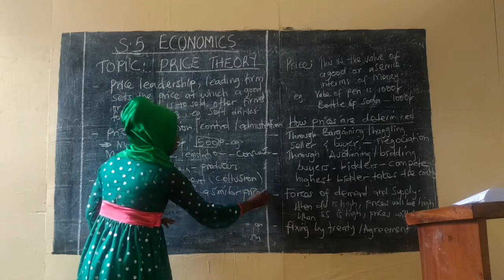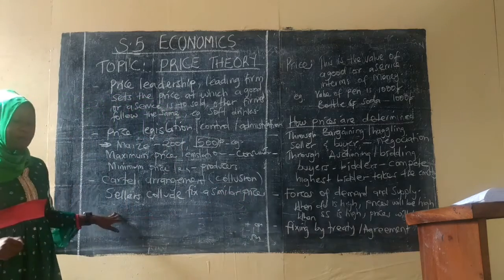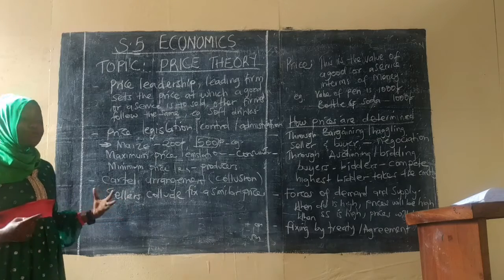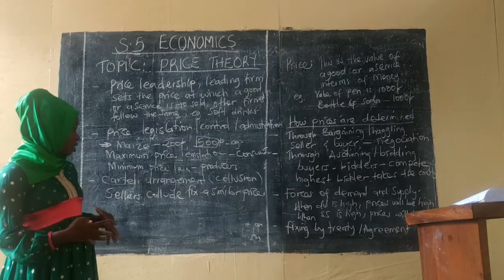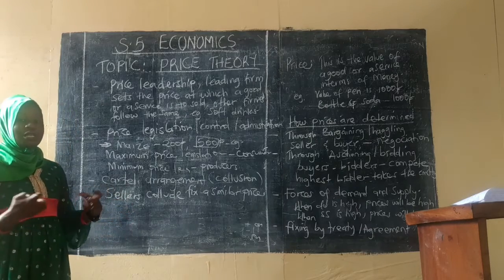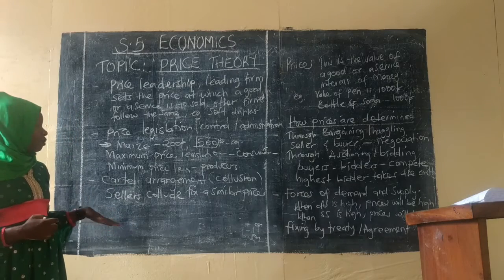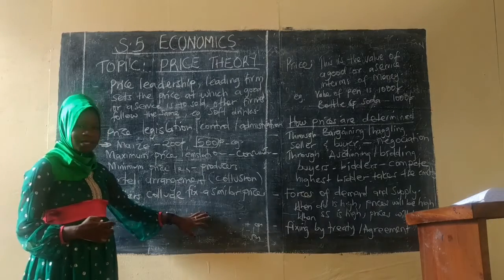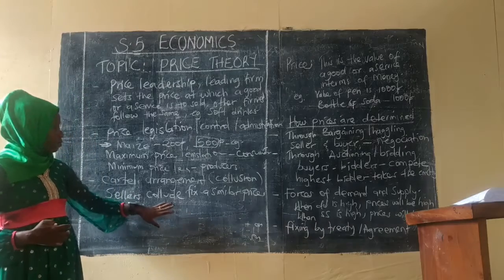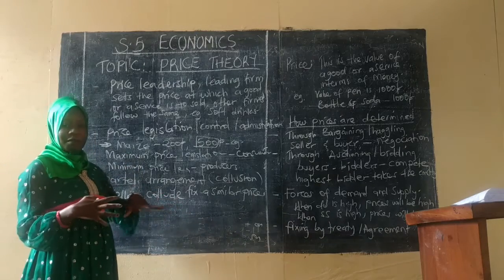Similar price. And of course, if for example there are few sellers, they intend to reduce competition among themselves. So they decide to meet and make an agreement. We have seen this, for example, when it is time for Christmas, and the buses are overwhelmed by the population.